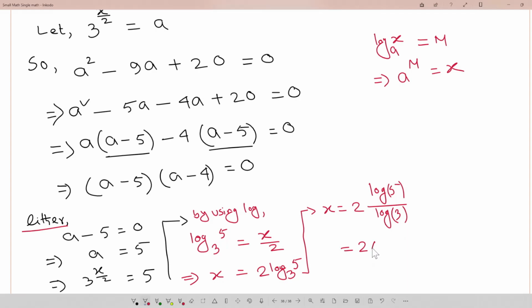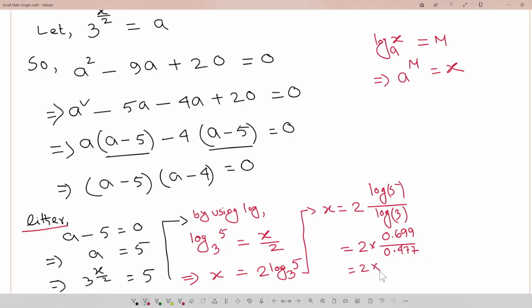Log 5 is approximately 0.699 and log 3 is 0.477.